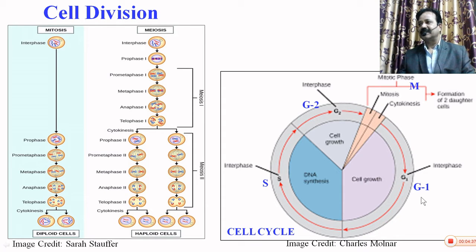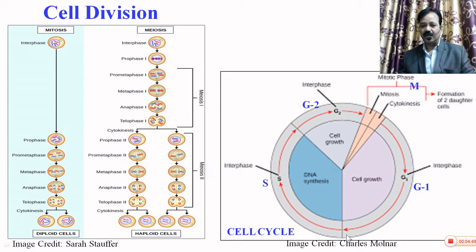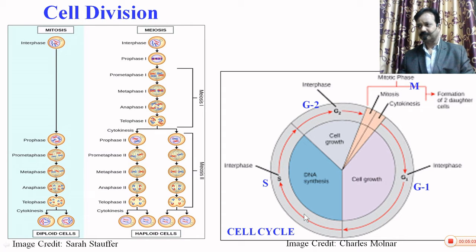If the cell is not to divide again, then that cell enters from the G1 phase into the G0 phase. G0 phase is a resting phase in which cells exit into a quiescent stage. If there is continuous cell division, then the cell enters from G1 phase to S phase.